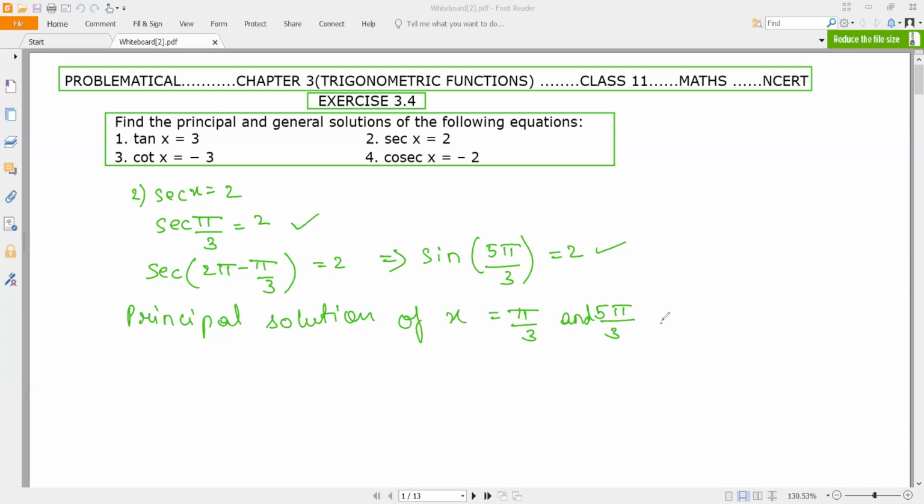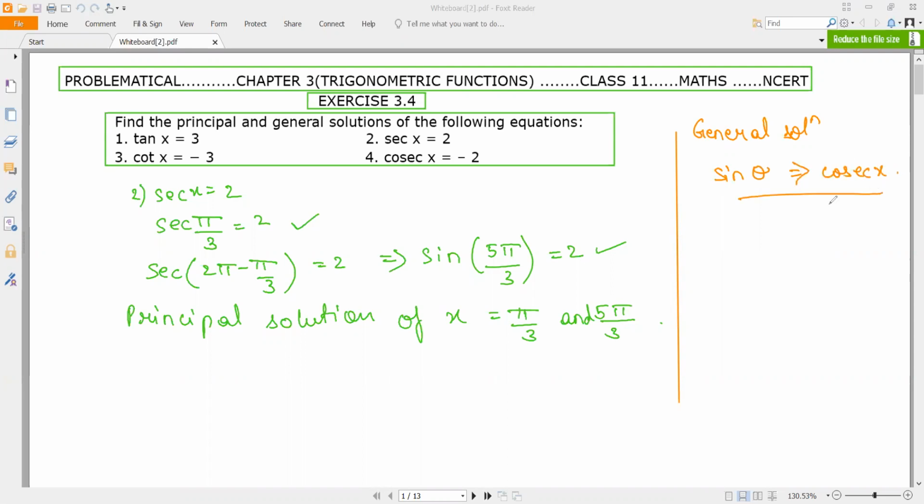In your text, you have the general solutions for sin x, cos x, and tan x. Now the general solution of sin x will be the same as that of cosec x.